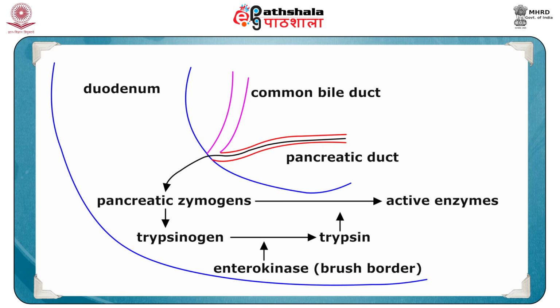The active form of trypsin can now act further on other pancreatic zymogens, thereby converting them into the active form. This way of activating enzymes, known as in situ activation, prevents the wrong activation of enzymes in the organ from which they are synthesized and thereby only renders them active at the site where they are required.